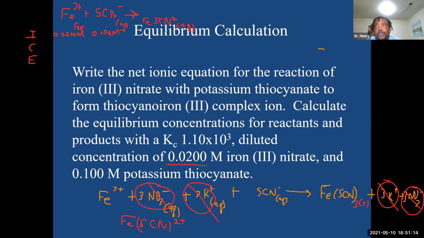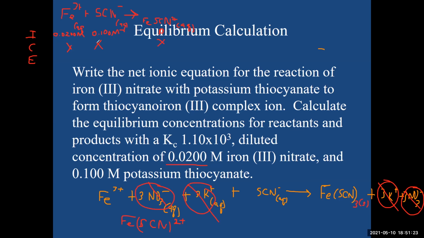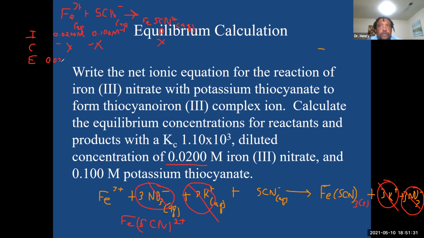And so initially we have 0 amounts of this, right? So our change is going to be x, x, x. So minus x here and positive x here. So equilibrium is going to be 0.0200 minus x, and it's 0.100 minus x. And then this guy is just going to be x.